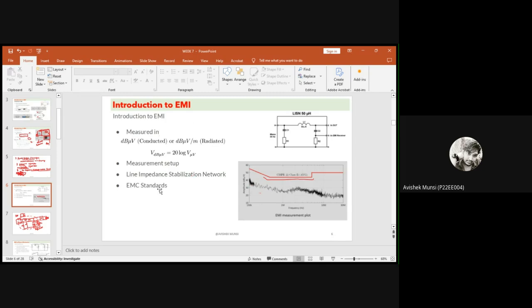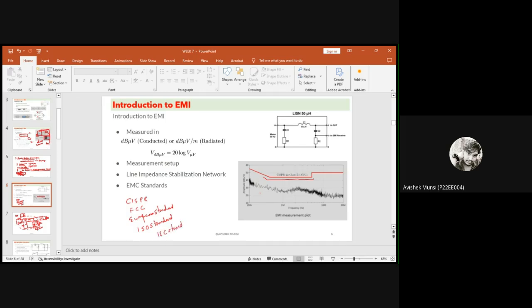There are many standards out there. There are many agencies which are giving EMI testing certifications. Number one is CISPR here, FCC is there, European standards are there, ISO standards are there. You can see in some devices there will be some ISO marker. Another one is IEC standard.